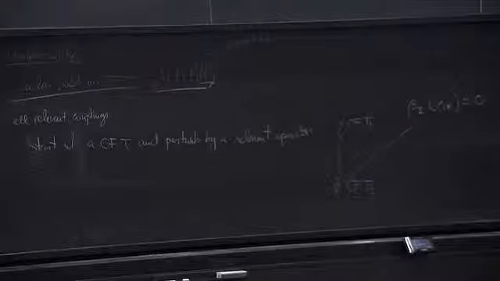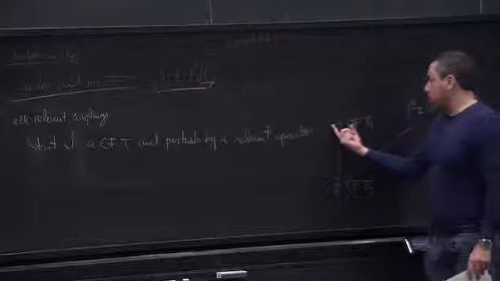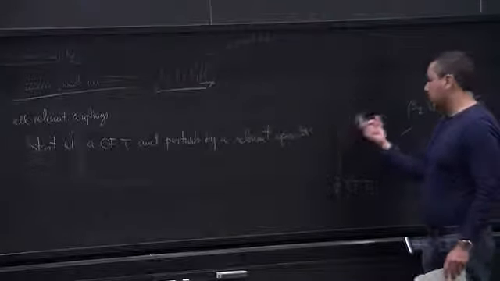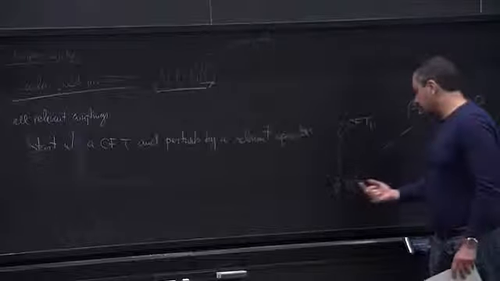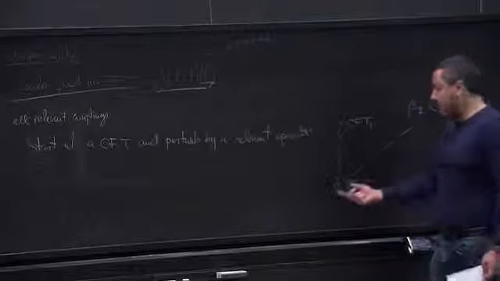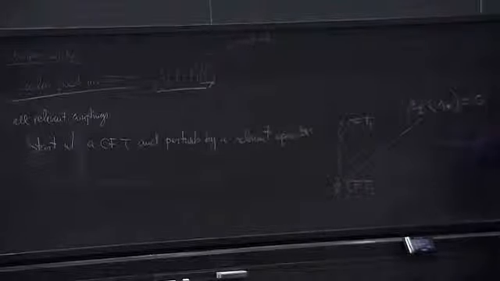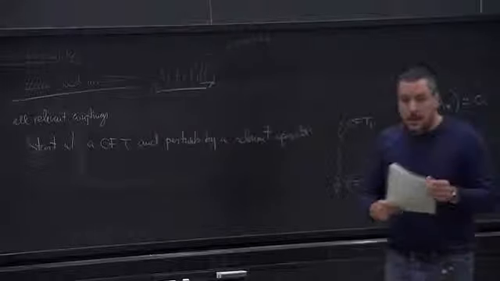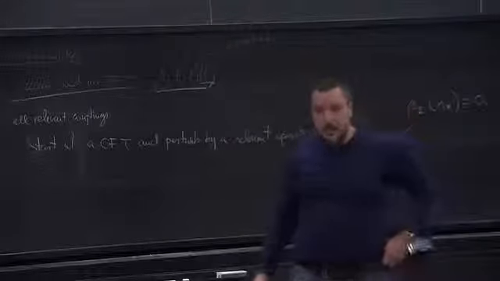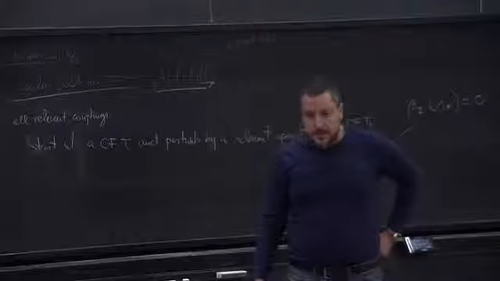And the thing that's remarkable is that even though you started with some theory described by some particular description, the physics, or even the degrees of freedom that you get in the infrared, looks completely rearranged and different with respect to the one that you started with in the ultraviolet. So again, we start from a CFT, we perturb it with some relevant operator, and then we go to the infrared and we get another CFT.